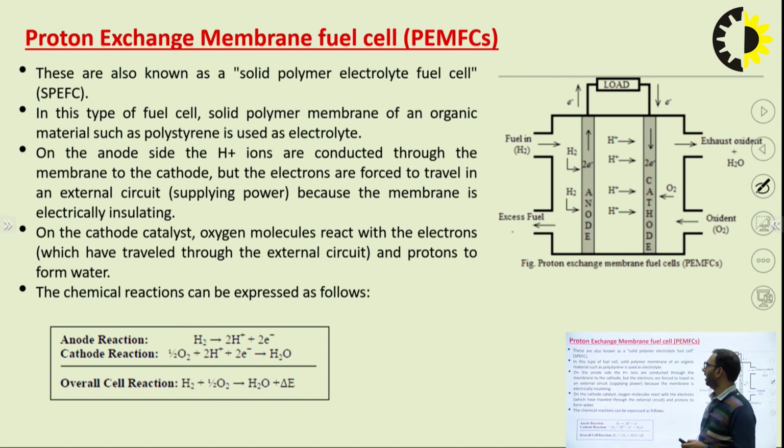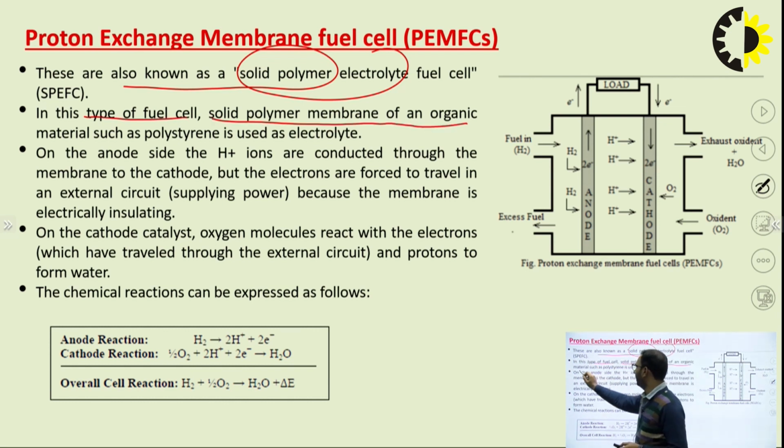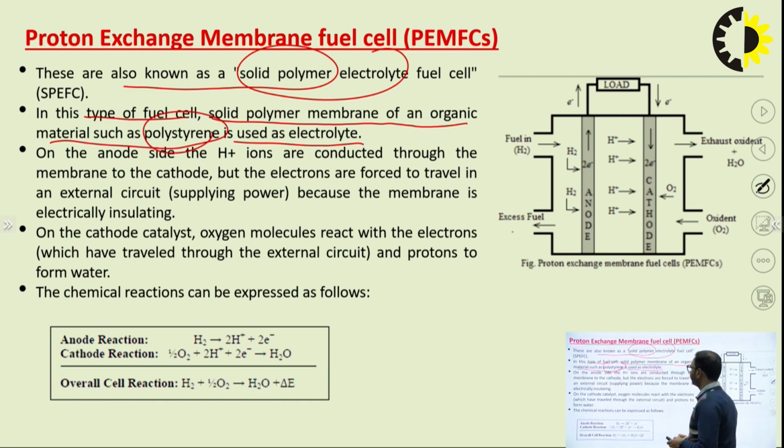Now the third type of fuel cell is the proton exchange membrane fuel cell, PEMFC. These are also known as solid polymer electrolyte fuel cells, SPEFC. In this type of fuel cell, a solid polymer membrane of an organic material such as polystyrene is used as electrolyte.